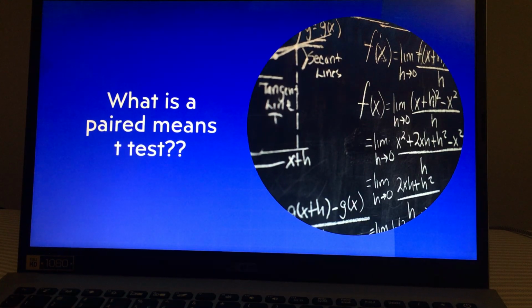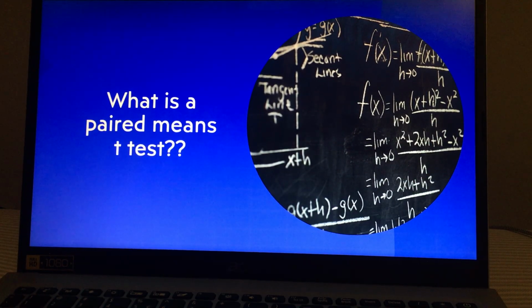So again, what is the paired samples t-test? In light of our previous exploration, we're going to think about how to construct an appropriate t-test. One possibility would be to try to run an independent samples t-test using grade.test1 and grade.test2 as the variables of interest.